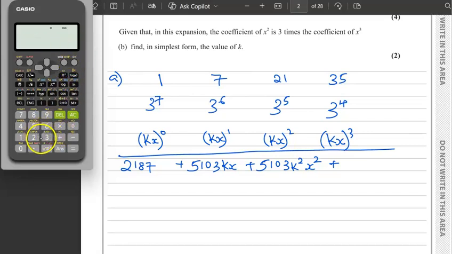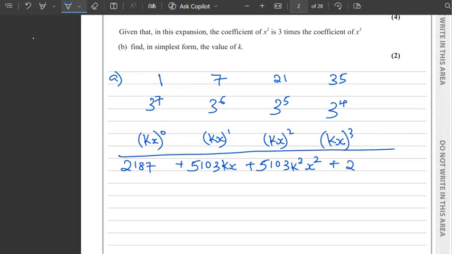We'll have 35 times 3 power 4. This one gives you 2835. When it comes to (kx) power 3, this one will be k power 3, x power 3.